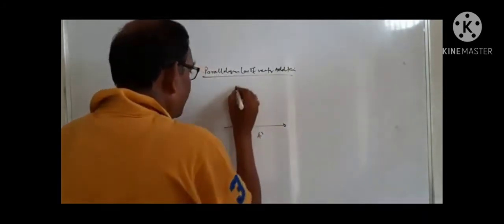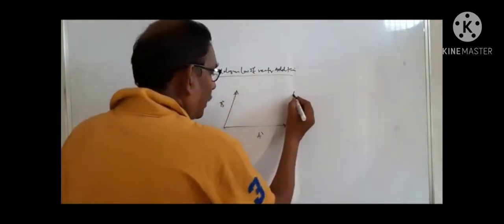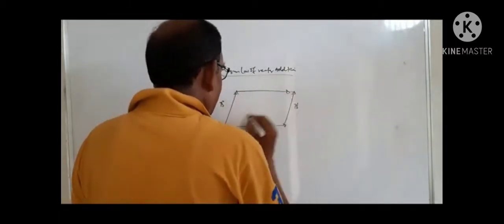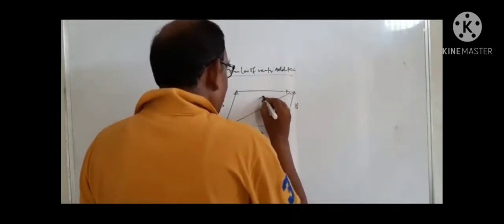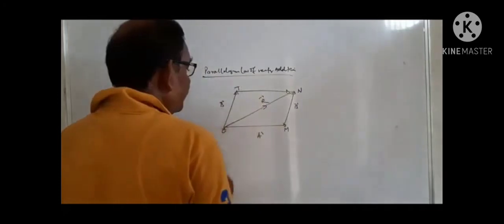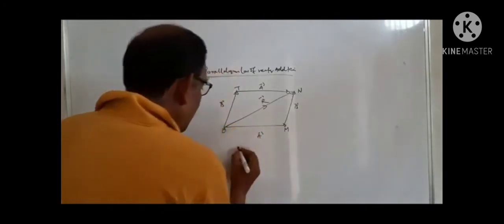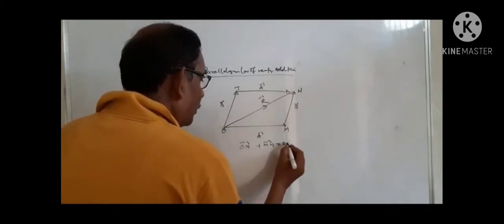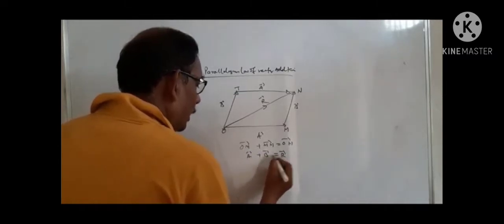Vector A, vector B. You complete this one by joining like this, and the resultant is given by the diagonal of the parallelogram, O, M, N. This is also A. Here OM plus MN is equal to ON. So A plus B equal to R.